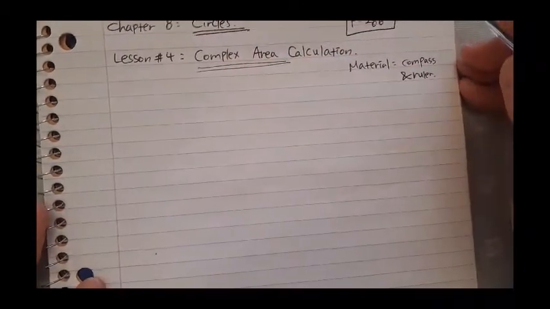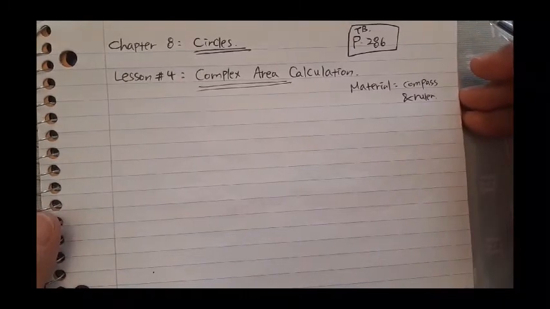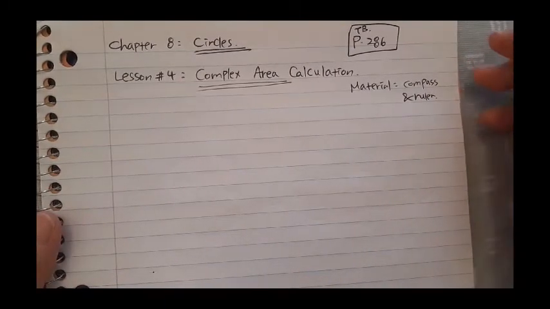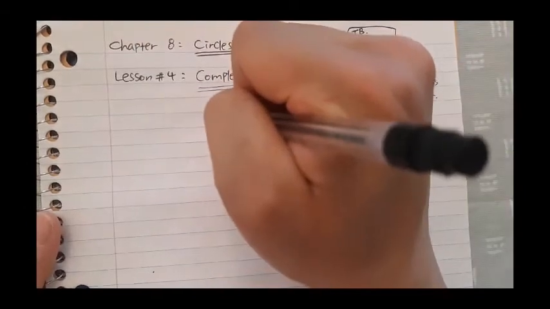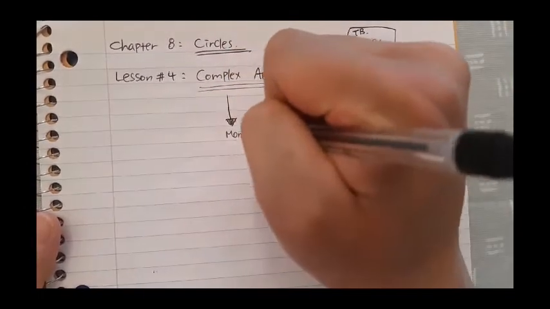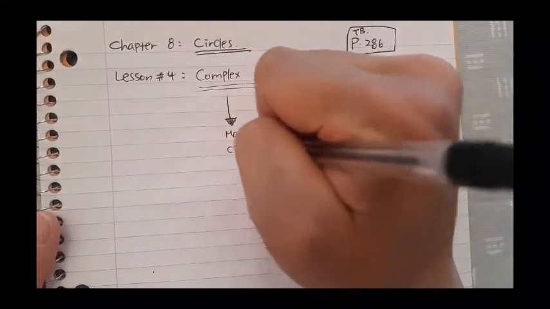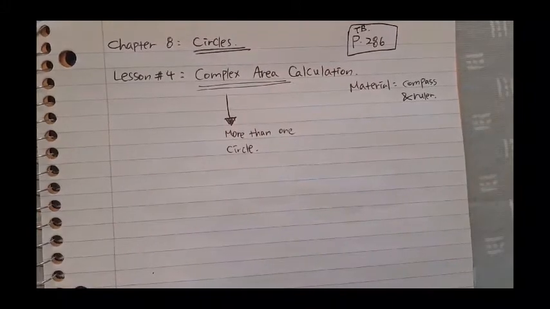In geometry, when you say complex geometry, that's basically any type of shape that involves more than one object. So you're going to see multiple circle situations. Have that in your mind.